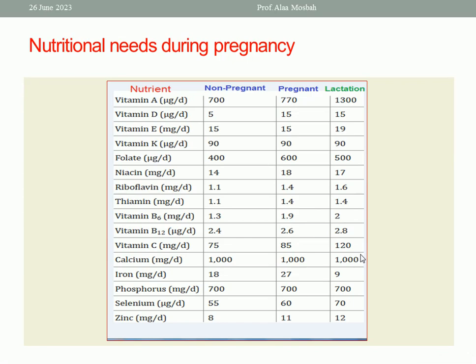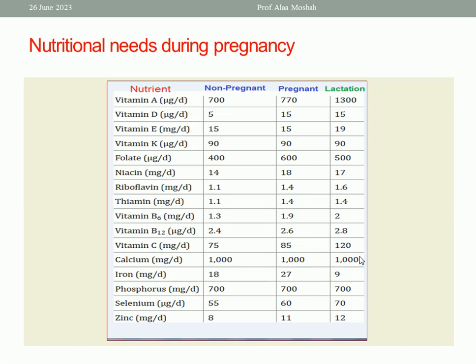per day. But if there is history of neurological defects like neural tube defect in a previous pregnancy, so you should give the higher dose, 4 milligram every day. Okay, so 0.4 or 0.6 milligram every day if low risk, if high risk 4 milligram per day.